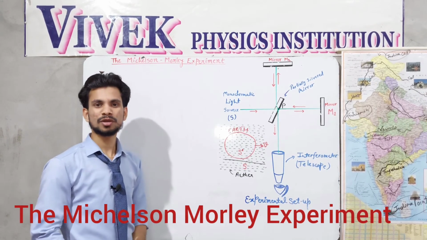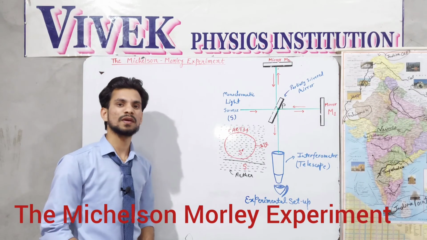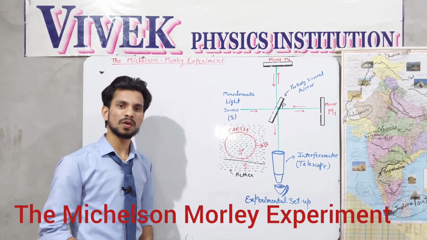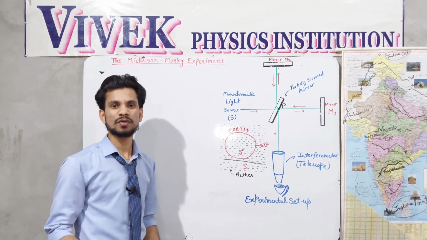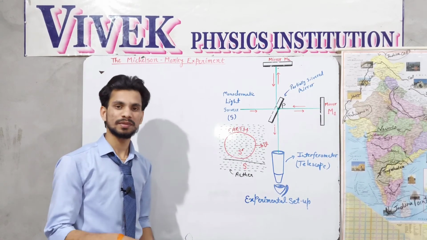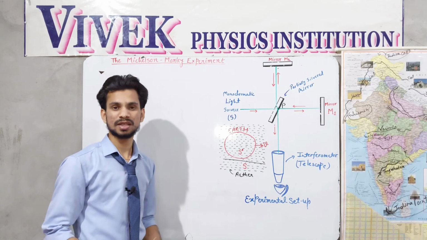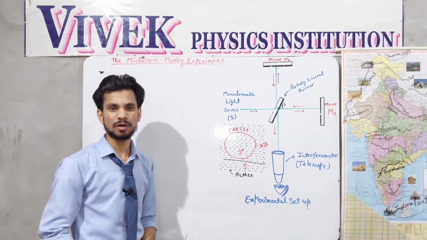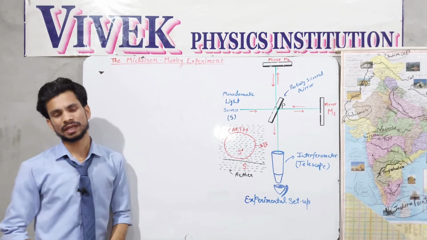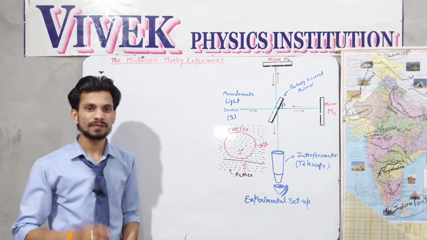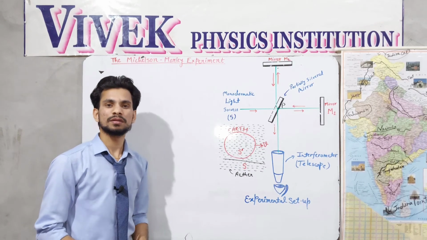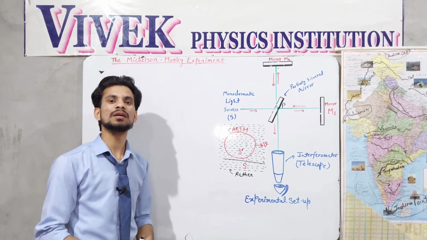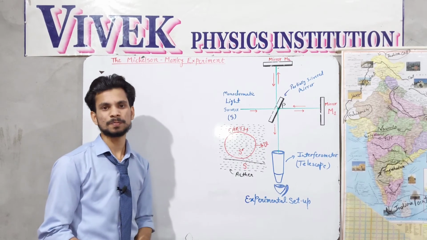In this video I am going to talk about the very basic concept of the general theory of relativity, the Michelson-Morley experiment. Before beginning this experiment's mathematical interpretation, we should know why this experiment was performed. In the late 19th century, it was famously regarded that there is a hypothetical medium pervading the universe everywhere, named ether.